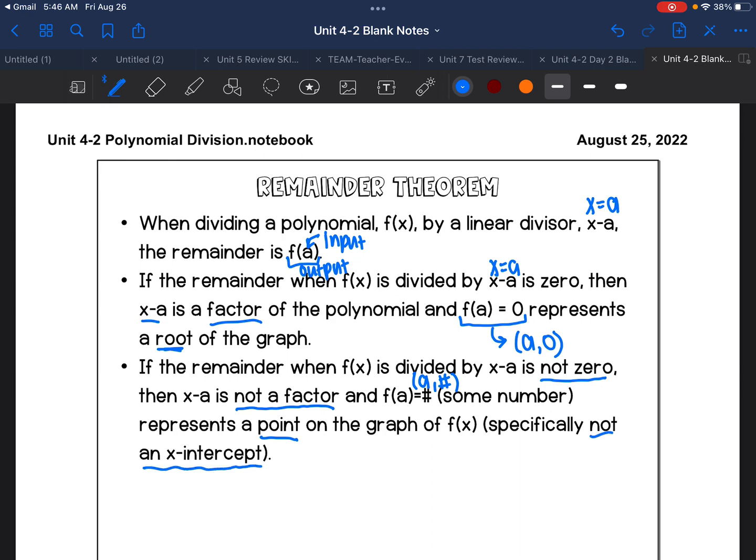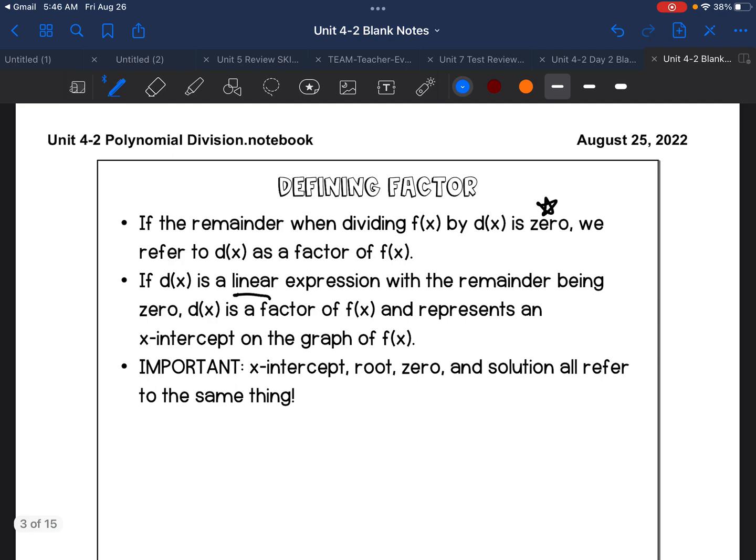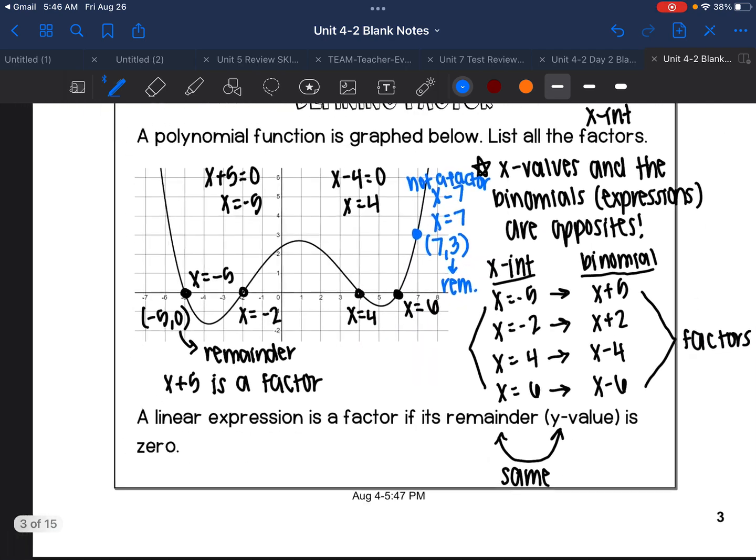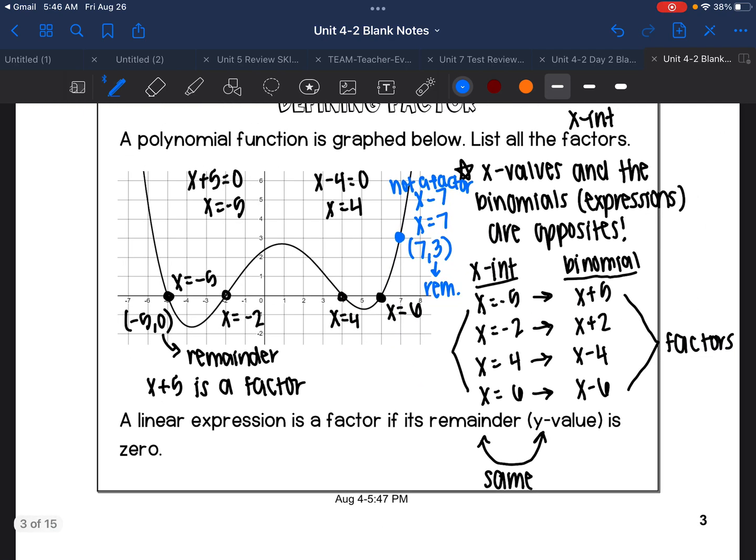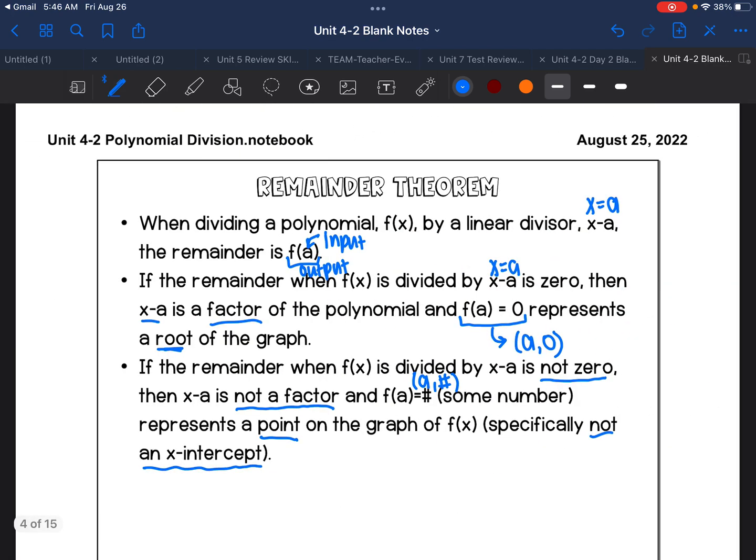So going back to our graph that we just looked at, we can see that -5, 0, -2, 0, 4, 0, and 6, 0 are all roots or x-intercepts on our graph, which means the binomials that represent those x-intercepts or those x values would be factors. Whereas up here, we had this x equals 7, which had a y value or a remainder of 3, so it still represents a point on our graph, but it's just not specifically a factor.